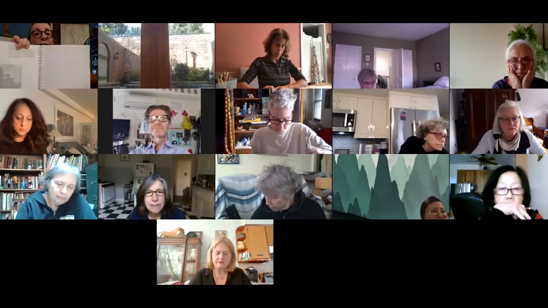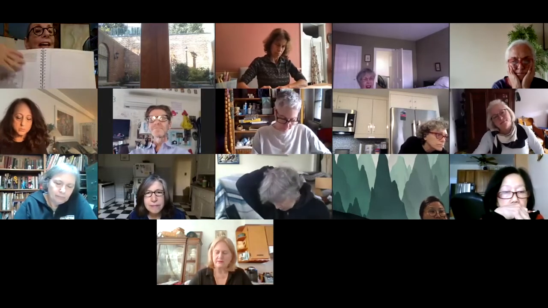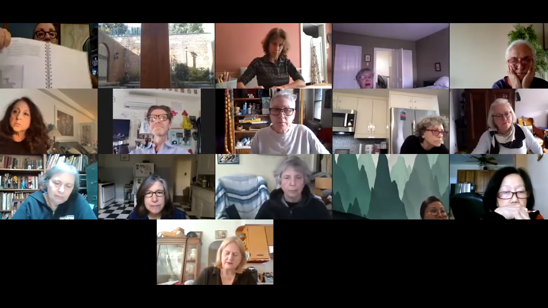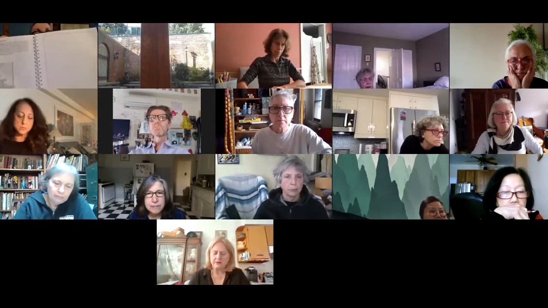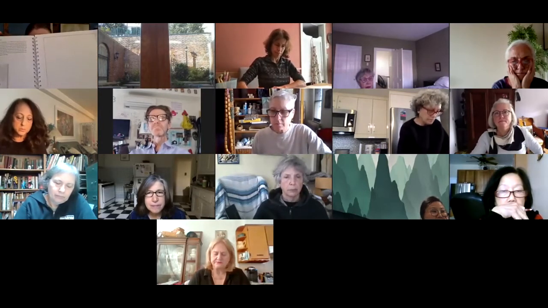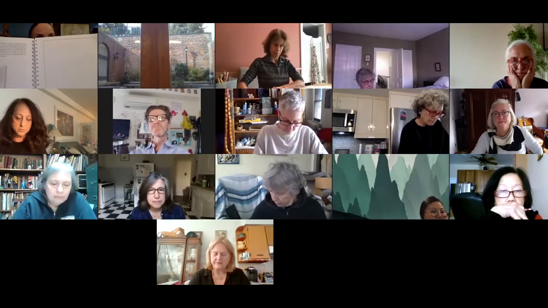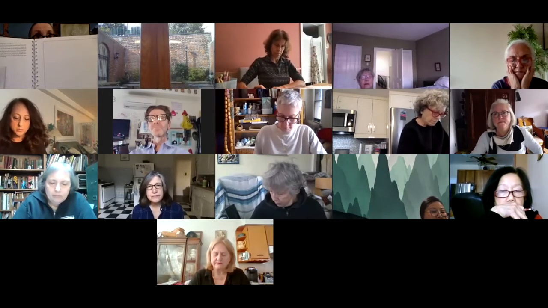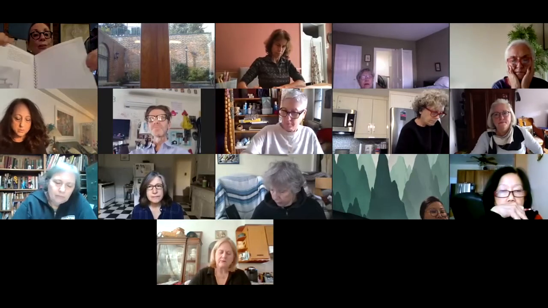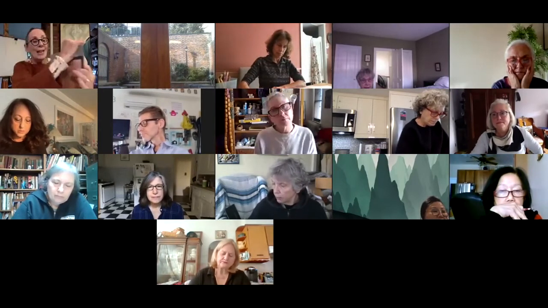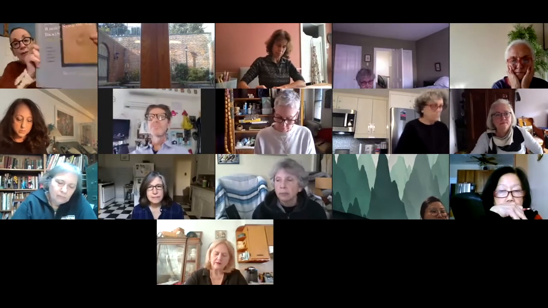It will have the assignments on the left-hand side of the book, and then on the right-hand side of the book, there's actually a page on which you can do your drawing. So it's a sketchbook as well as a textbook all rolled into one. And again, it's called Drawing on the Right Side of the Brain by Betty Edwards.